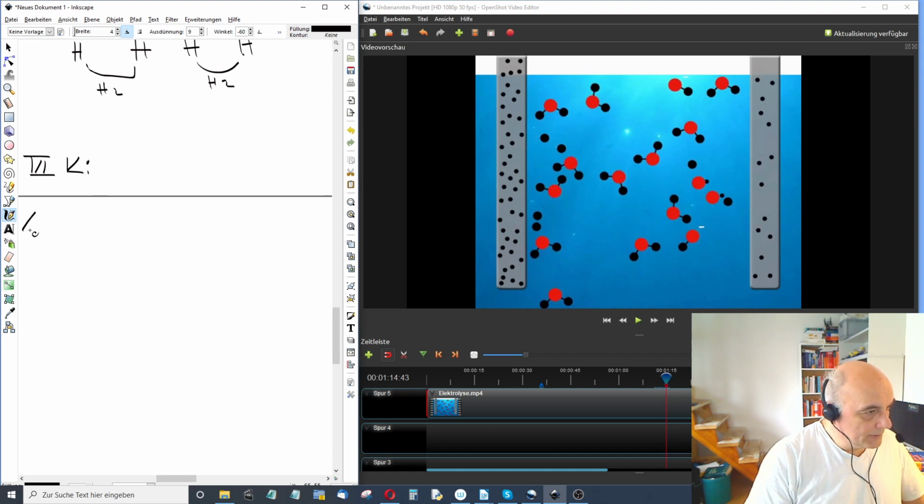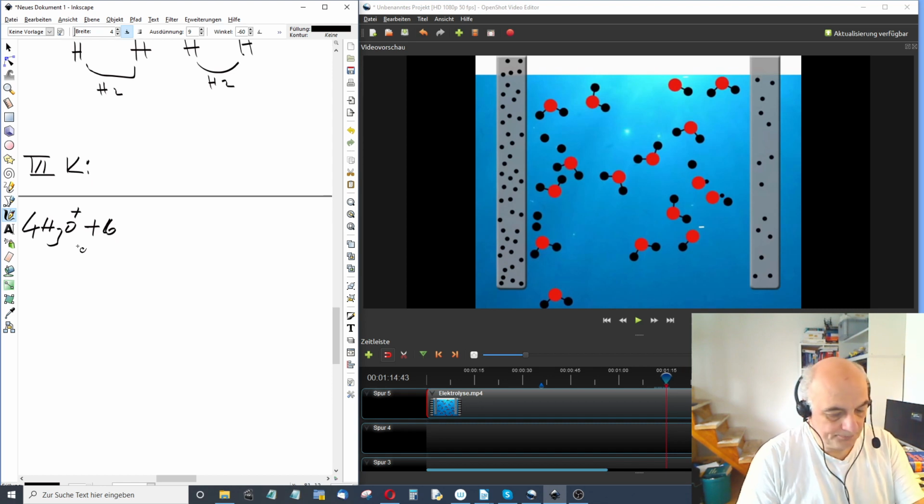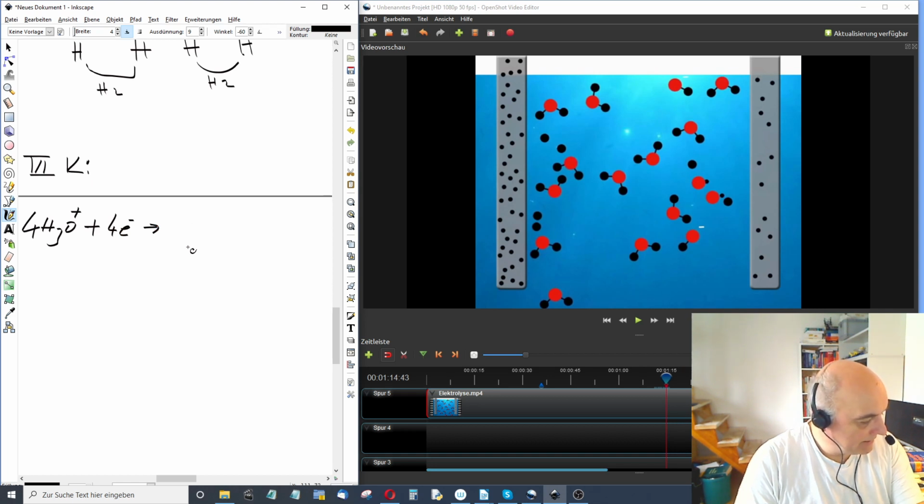It says the 4 H3O plus ions get hit by 4 electrons and they get split apart into 2H2, which again leaves the water, and simply 4H2O.